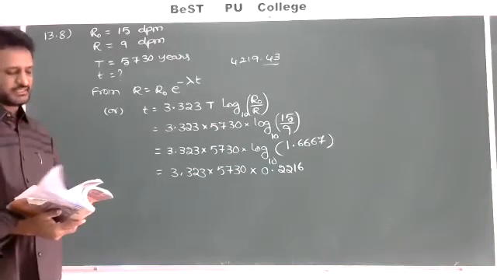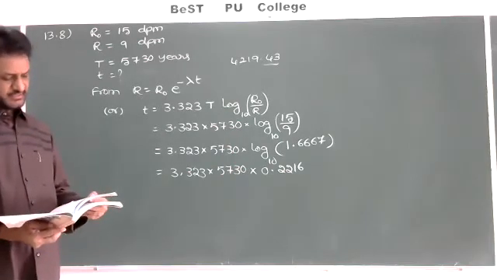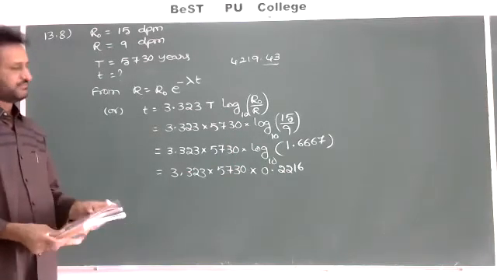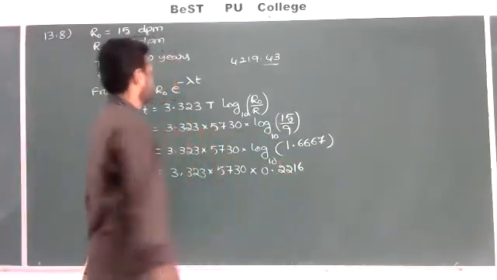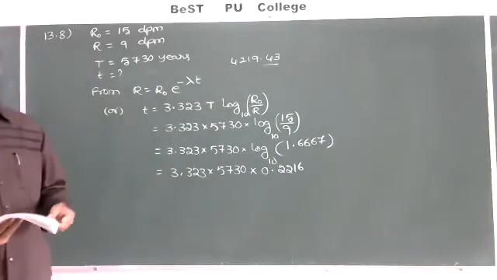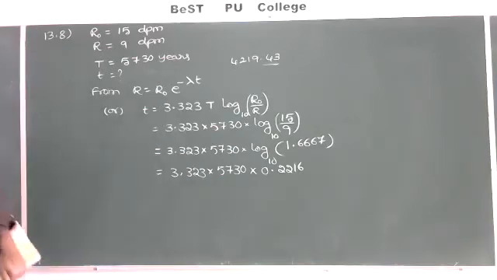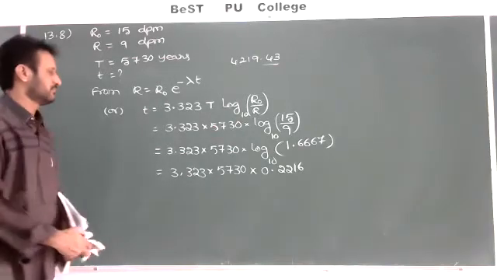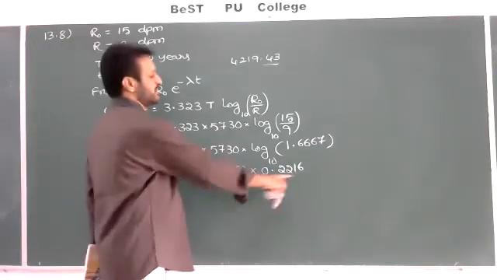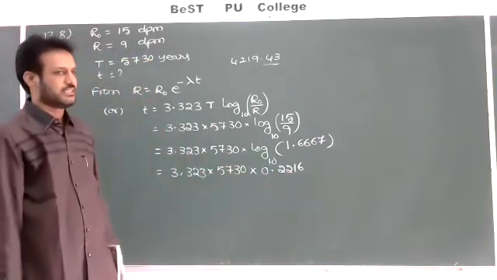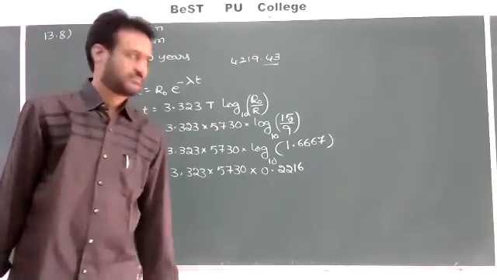In the textbook, question number 13.8, what have they given? 4224 is given. So how to check this value? 15 by 9. This value you have to check a little bit from the logbook. I am getting 0.2216.